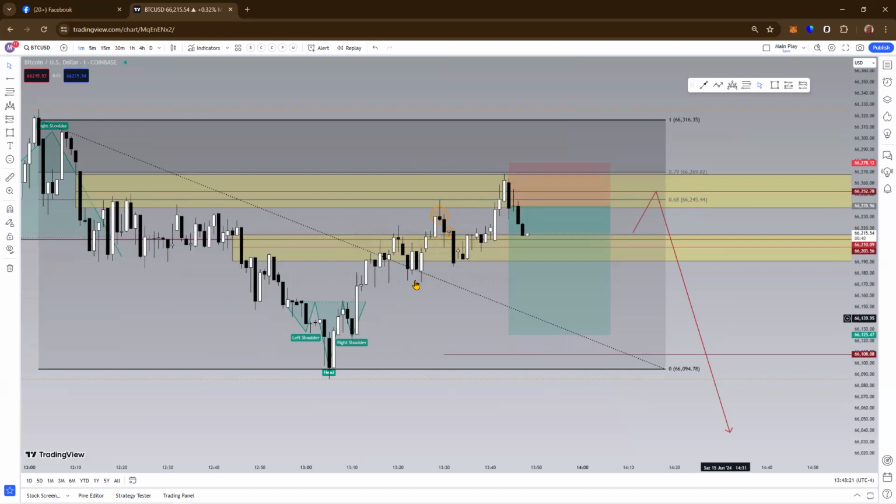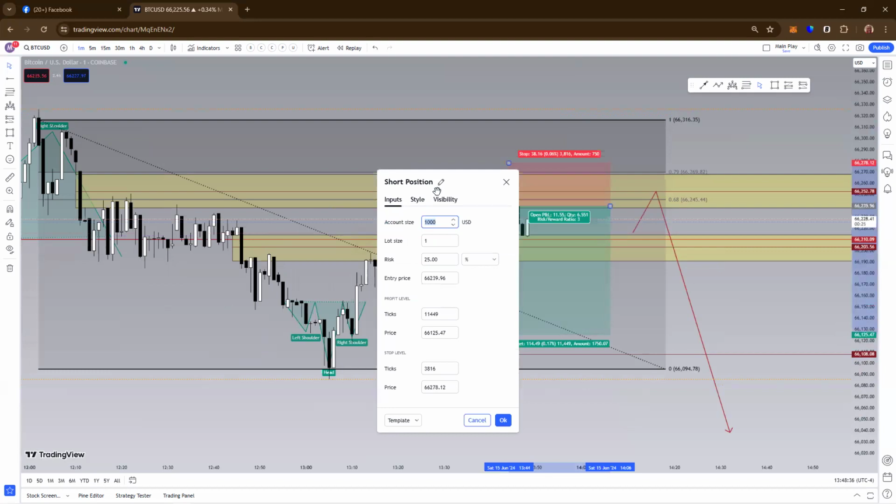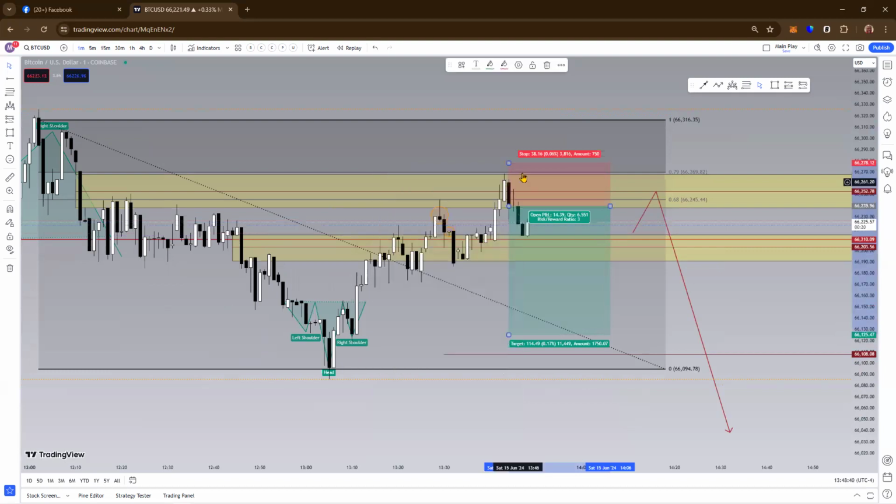Okay. Now, if you want to copy my Fibonacci ratio, let me open it up here so you guys can copy it. And these are my settings. So short sell, Fibonacci tool right here.